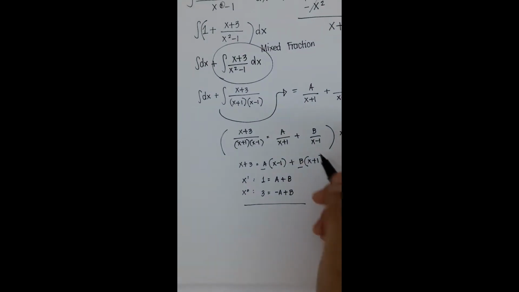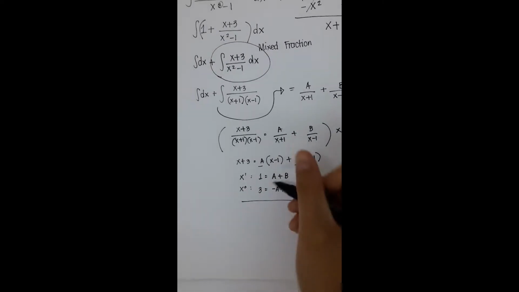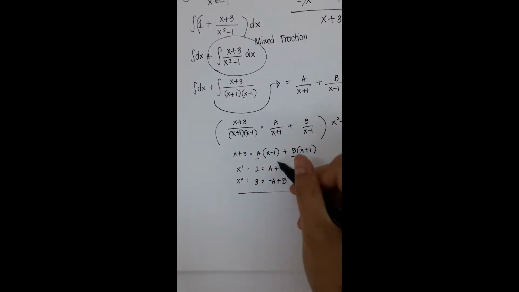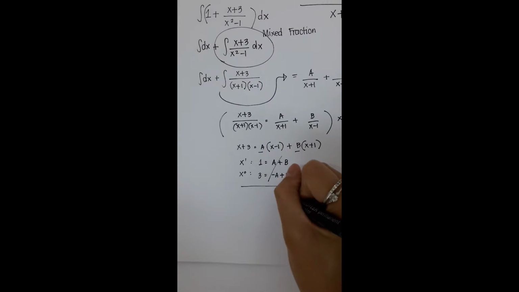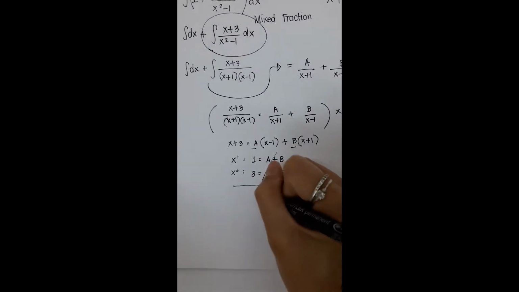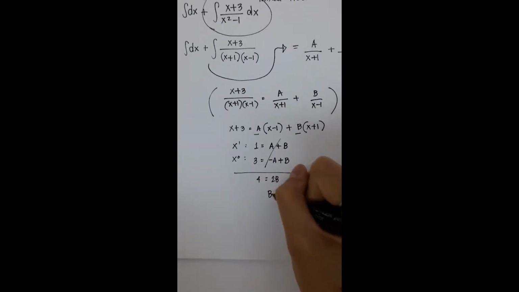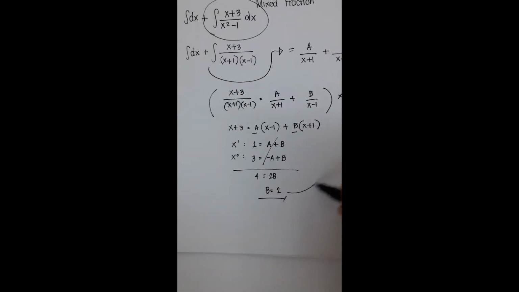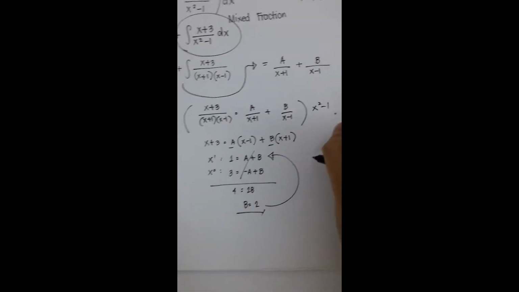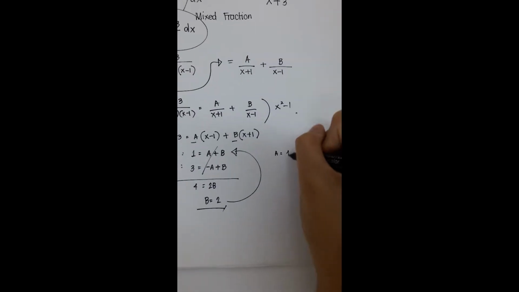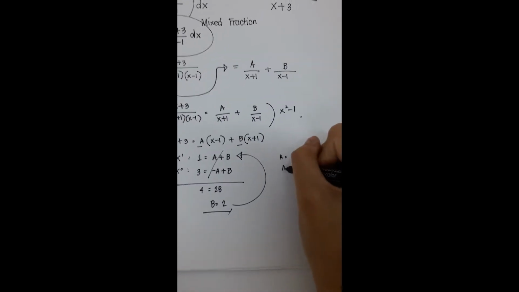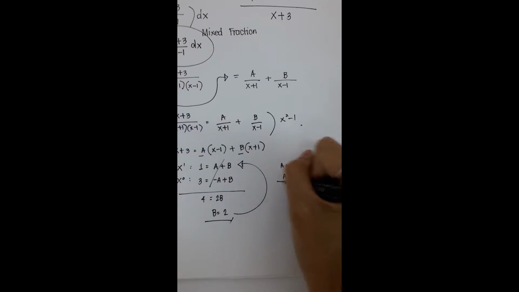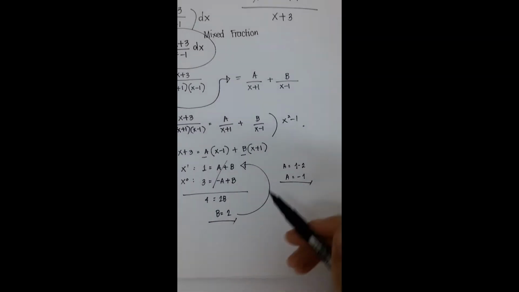Via systems of linear equation via elimination, adding these two equations, a will cancel, and you'll arrive with 2b is equal to 4, b is equal to 2. And then substituting this value to the first equation, we'll have a is equal to 1 minus 2, a is equal to negative 1.